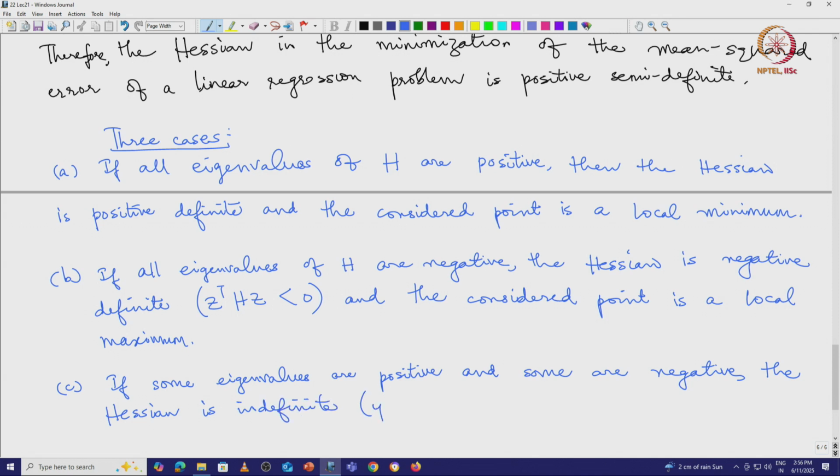So, you cannot comment on the sign of z transpose H z.